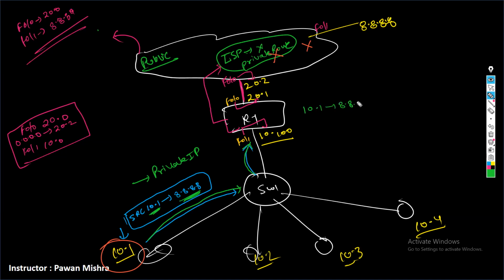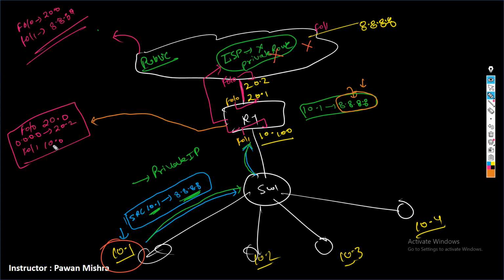Tell me, guys. Perfect, 8.8.8.8, right? Super. Everyone knows whenever a router receives any packet, it directly checks the destination IP. And right now the destination IP address is 8.8.8.8, right?